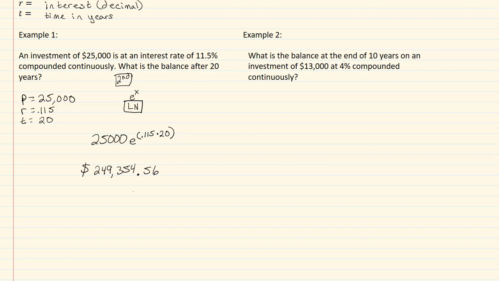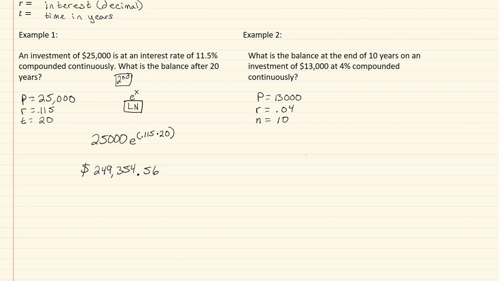Now to go to our second example. What is the balance at the end of 10 years on an investment of $13,000 at 4% compounded continuously? So our P is going to be 13,000. Our R is 4%, which would be 0.04, and our T will equal 10.